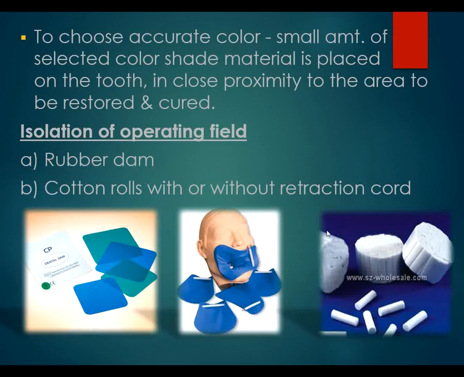Now, how to do isolation? Isolation of the operating field can be done by applying a rubber dam or putting cotton rolls with or without a retraction cord.